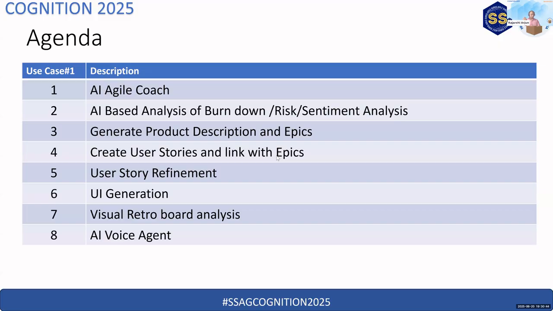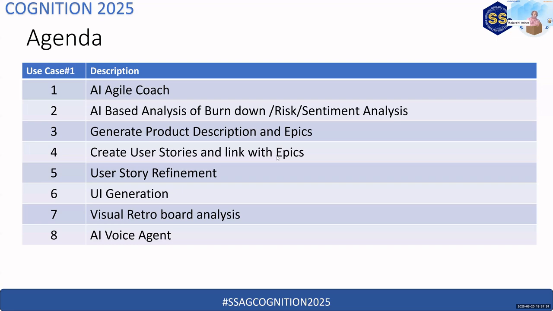Then we would analyze a burn down chart and generate sentiment analysis. We would also scan through a product description document, generate epics and user stories, connect the user stories with the epics, refine the stories, generate UI, do some analysis of a visual retro board, and finally end with an AI voice agent. That's the overall agenda.